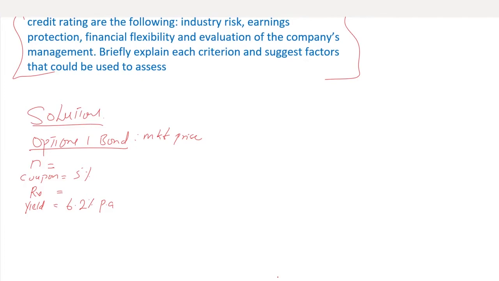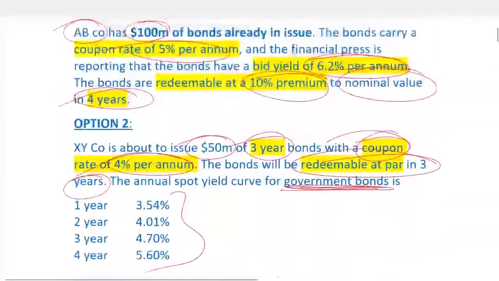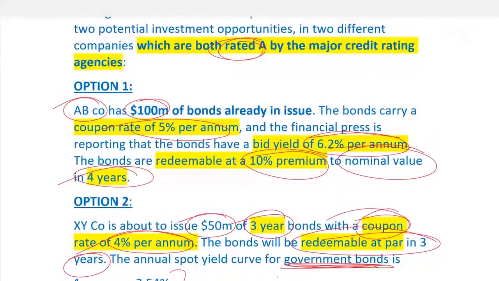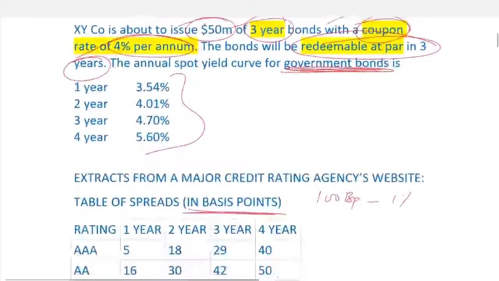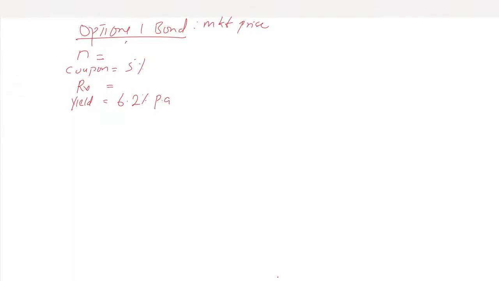Okay. What else do we need? We'll check again from the question. So you're looking for all the things, 4 things. I've been able to get coupon. I've been able to get yield. What's the next issue? They say the bonds are redeemable at a 10% premium to the nominal value in 4 years' time. So I know how many years this bond is supposed to last. This bond is supposed to last for 4 years.